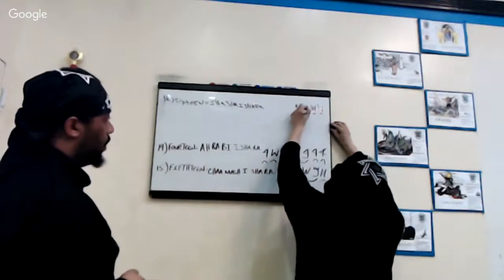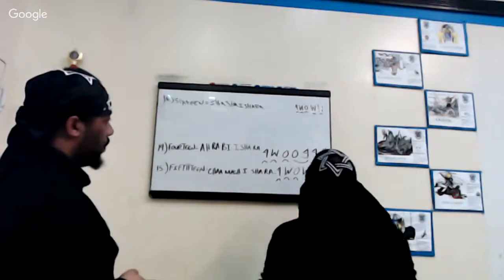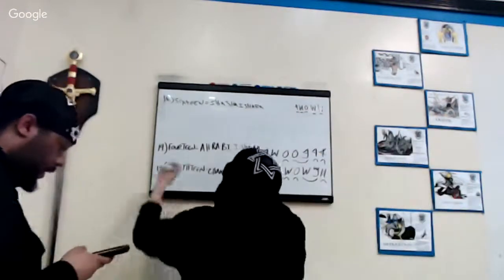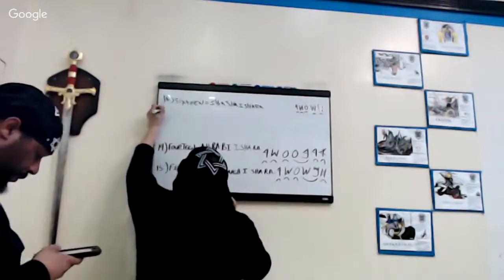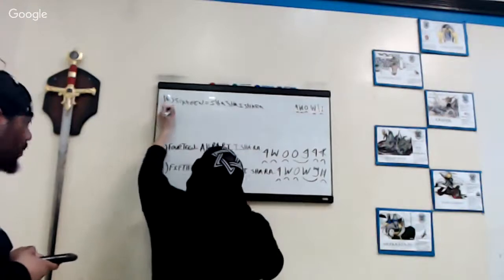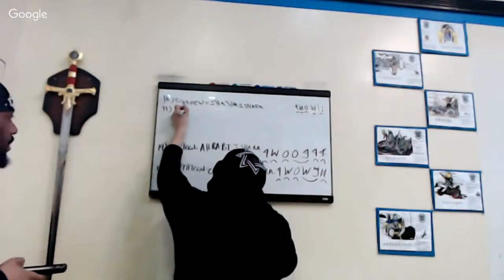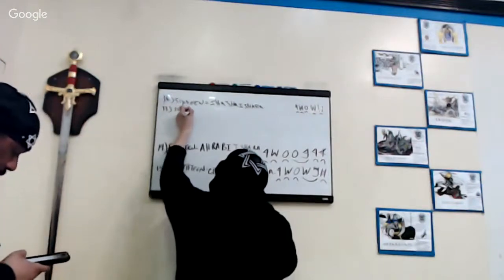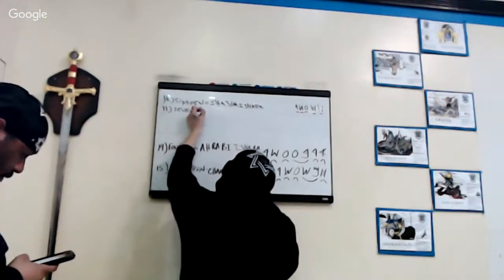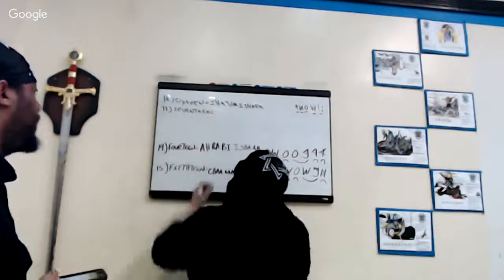Aisha Ra. Okay. Aisha Ra. Number 17. Now, how do we say 7 in Hebrew?